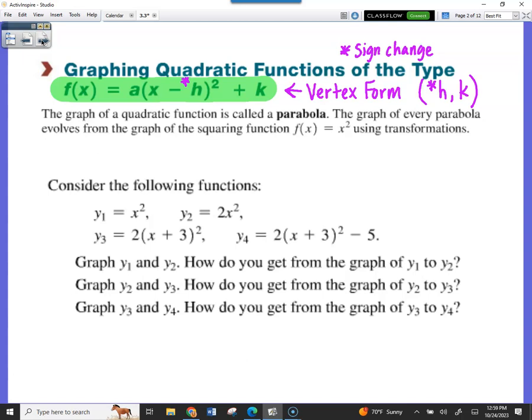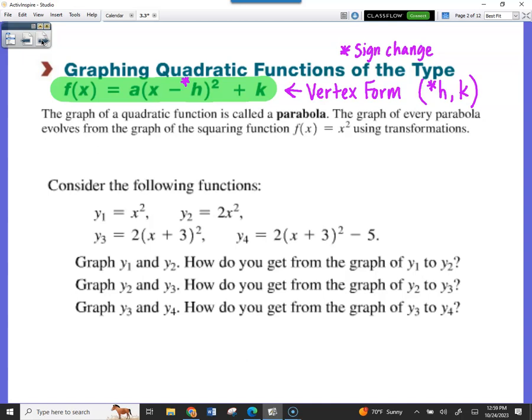You will notice this is supposed to be an asterisk, although it looks a little messed up. But that asterisk right there is designed to remind you of where there is a sign change. So I've put the little legend up here, or the key, to let you know that the asterisk stands for when there is a sign change.